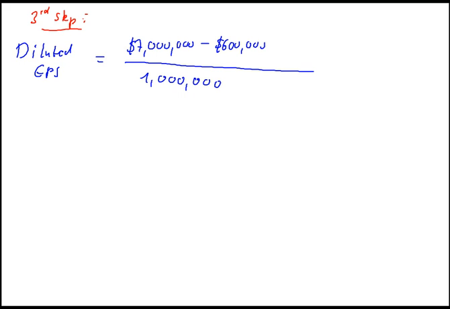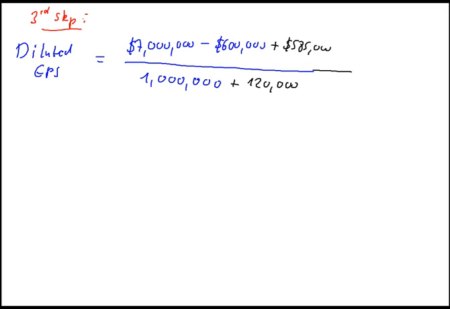Well, we know that the coupon payment after taxes is $585,000, and we have to add to the 1 million common shares outstanding on average the 120,000 common shares given to the bondholders if they convert their bonds into common shares of the stock. Do you agree with this calculation so far?